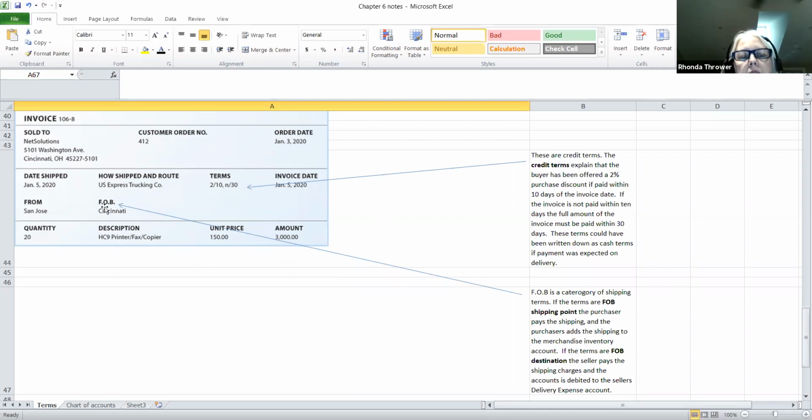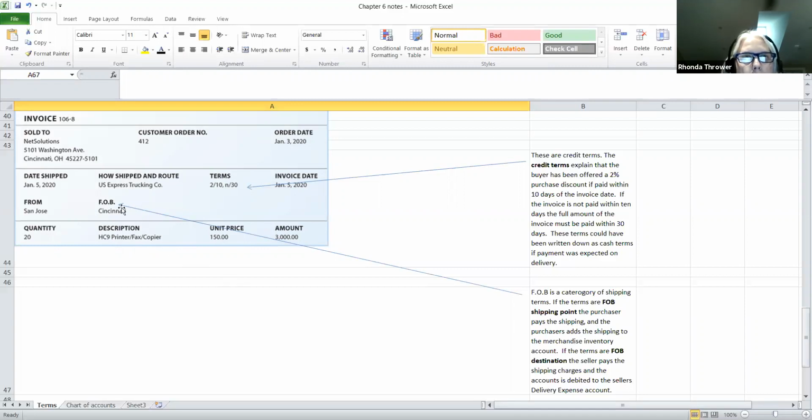that it was shipped. But if these had said FOB shipping point, what that tells us is that the buyer, the purchaser, which would be Net Solutions in this case, is going to be willing to pay the shipping. And the purchaser would be adding the shipping to the cost of the merchandise inventory.